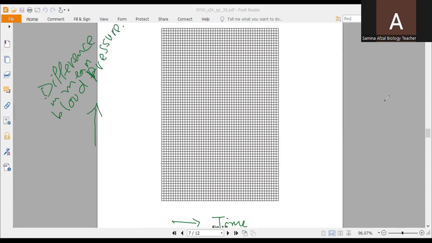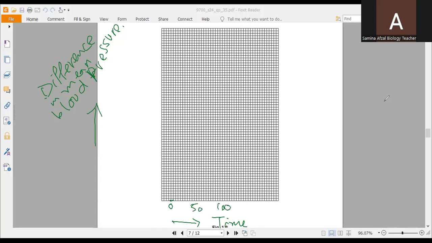So the first value is 0 at 0. First of all, we will start right from here: 0, and then 50, and then it will be 100.